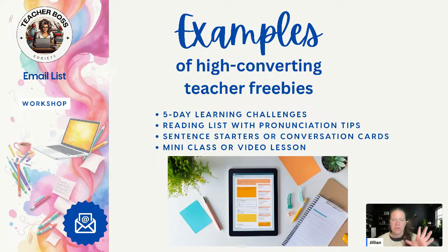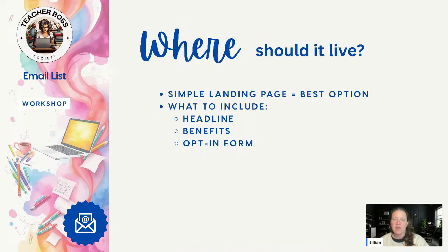You can do so many different things. Okay. I don't want you to get overwhelmed by this because there are so many different options. Just know that if your first one doesn't work, you are more than welcome to go on to another one. I have done a sign up for story time. That was one that I did that worked really well for pre-K students, was a free story time. Okay. That was a live one.